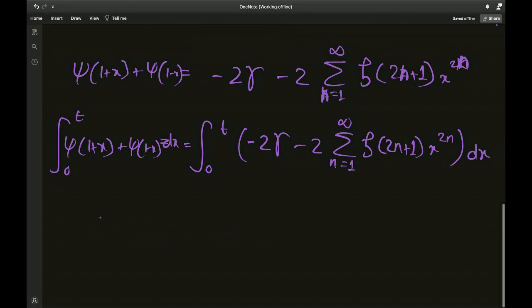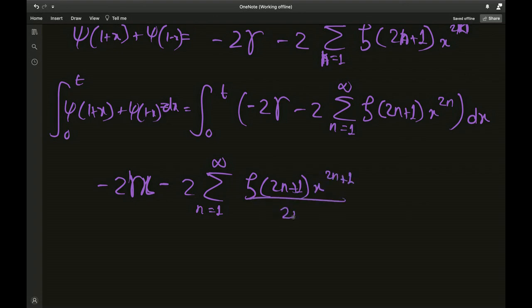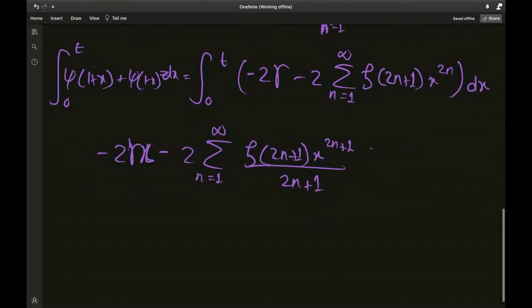Okay, so I will get negative 2 Euler-Mascheroni times x minus 2 times the sum from n equals 1 to infinity, zeta of 2n plus 1 x to the 2n plus 1 divided by 2n plus 1. So you see, now we got the factor. That's why this integration step was necessary, but this is still evaluated from 0 to t.